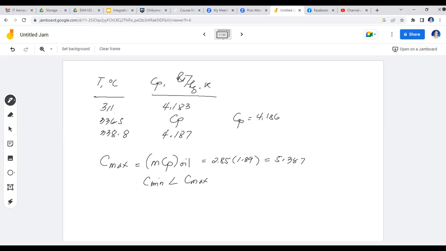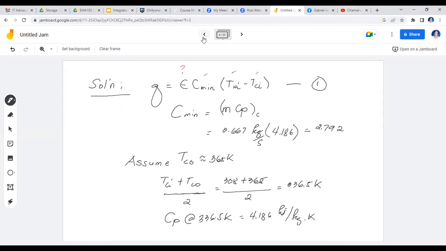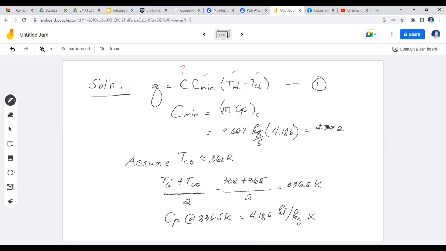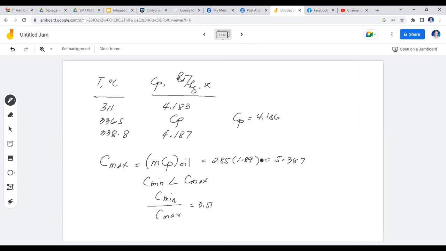So you can proceed with the C minimum over C maximum ratio. Your C minimum, how much was that? 2.792. We divide it by C maximum, which is 5.387.